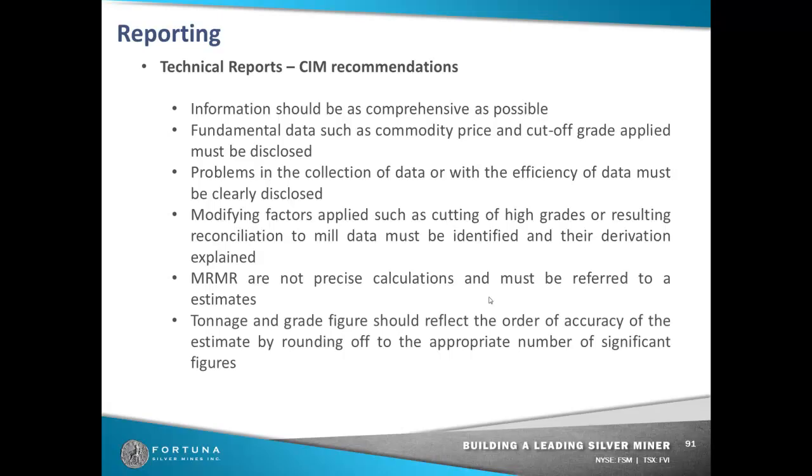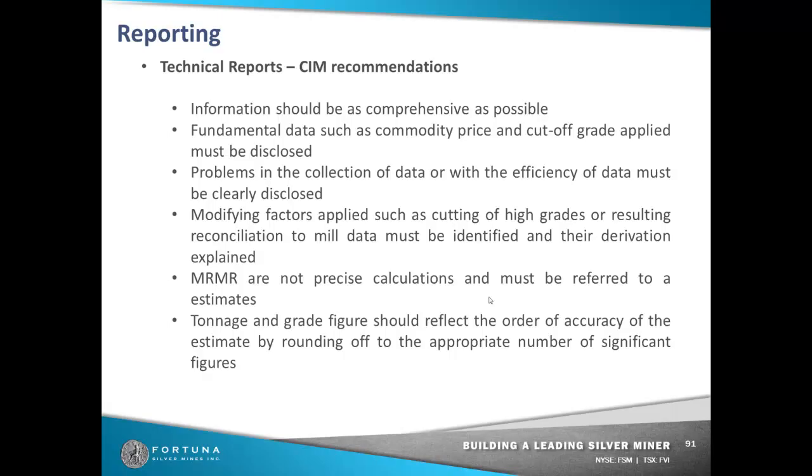The tonnage and grade figures should reflect the order of accuracy of the estimate by rounding off to the appropriate number of significant figures. So it would be inappropriate, for example, to report the mineral resource or reserve to the nearest ton, as it is very unlikely that that level of accuracy is available in the estimate where you could be confident to state to the nearest ton how much material you're going to be able to mine.